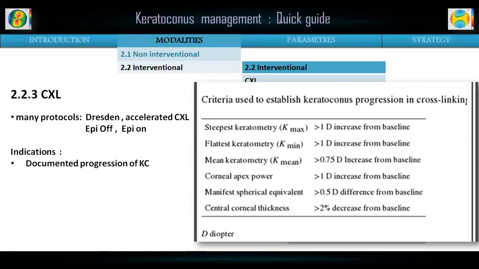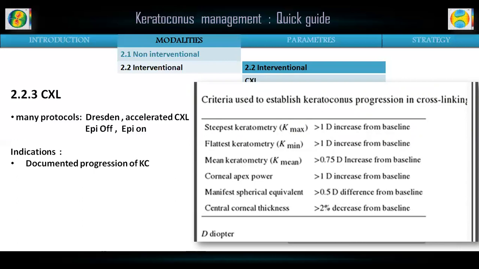The first criterion is the steepest keratometry or Kmax increase by 1 diopter from the baseline, or the mean keratometry more than 0.75 diopter.